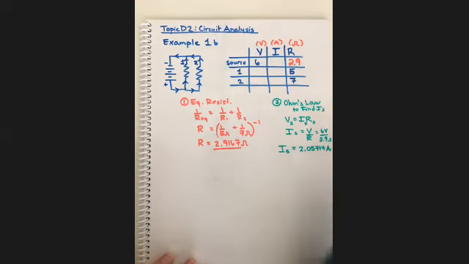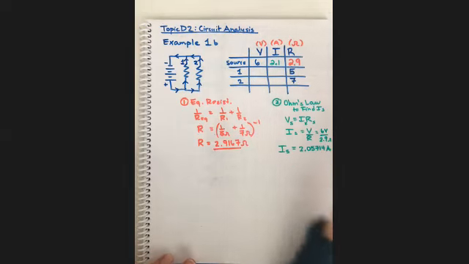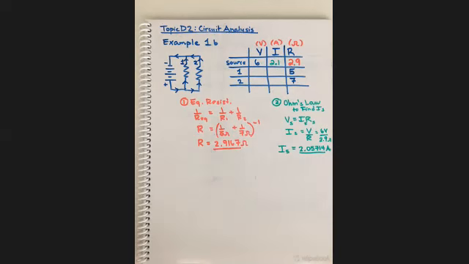Again, when I write it in my table, I'm going to round it to 2.1. However, I'm going to carry forward the full answer in case I need it.